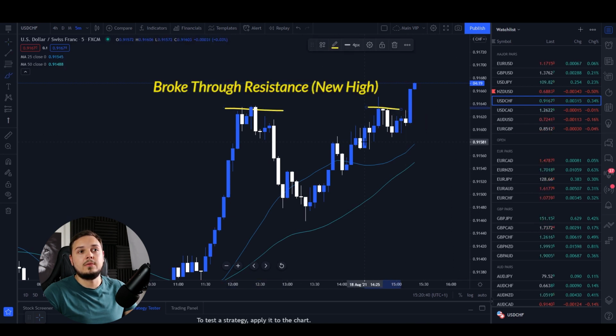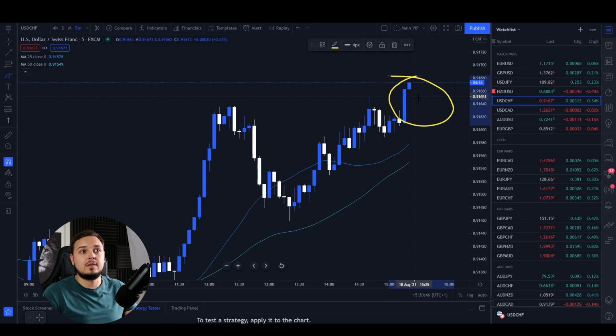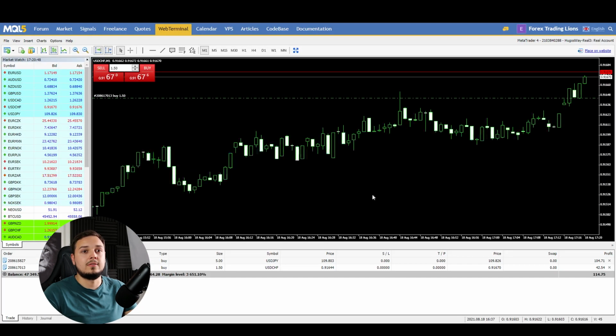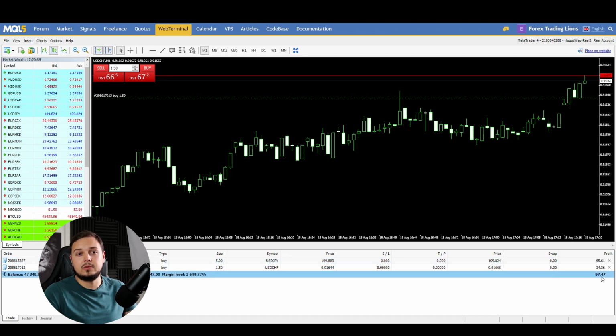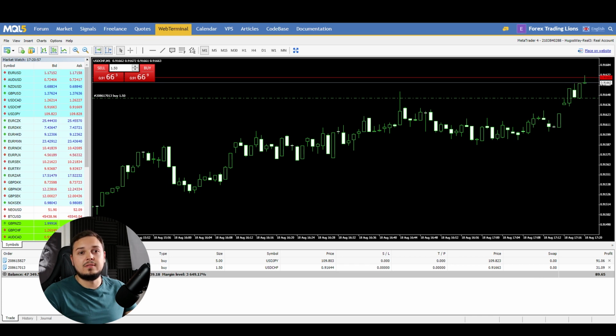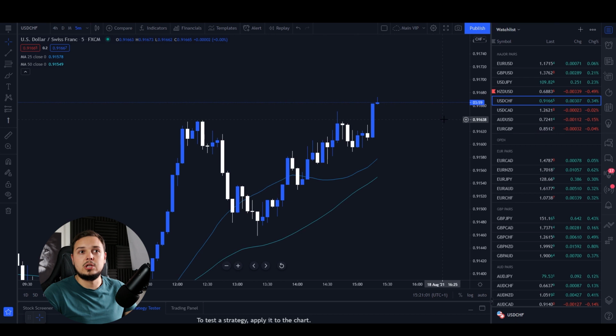Broke through this area resistance, which is very good. A new higher high has formed, as you can see, pushing towards the upside. So let's just have a look. $104 and $42 in profit, so it equals 108. Very nice indeed. I'll wait a little bit more and likely close off these trades.